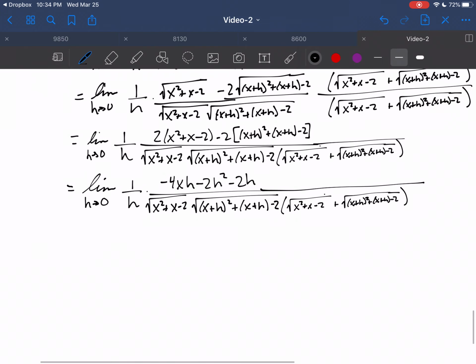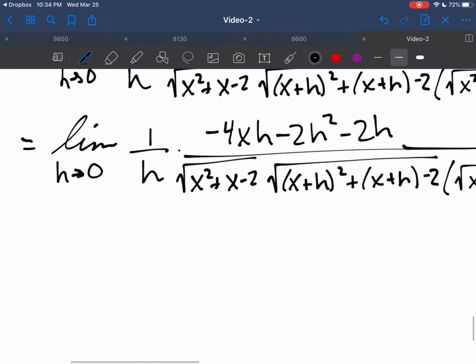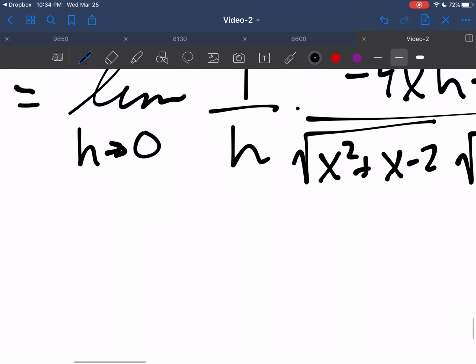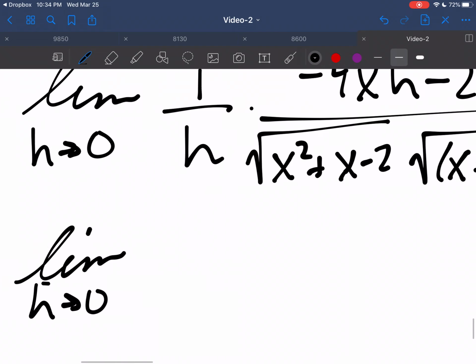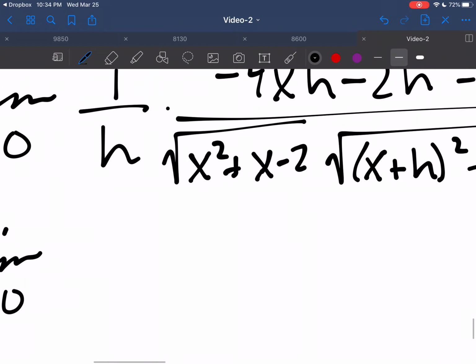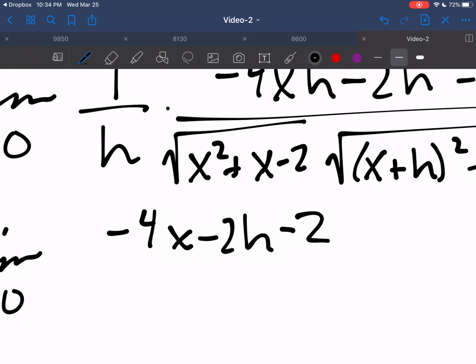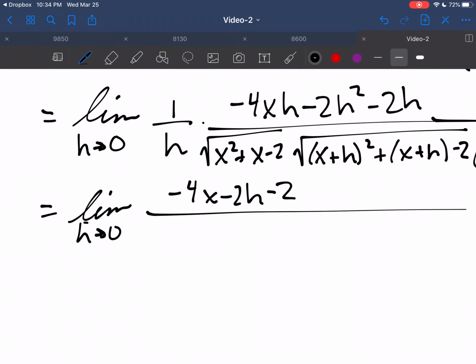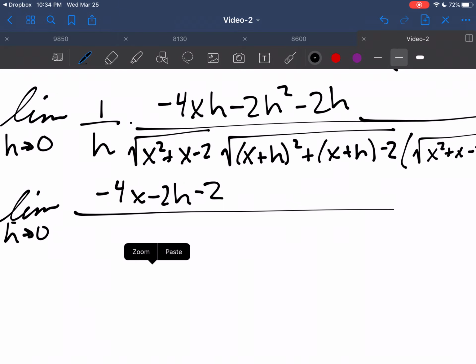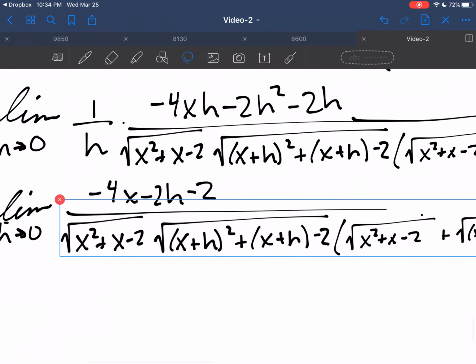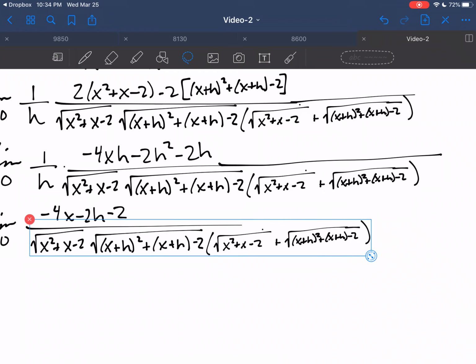Okay. Now I've got an h in each of my terms up here. They'll cancel with our h down here. Limit as h approaches 0, and I get negative 4x minus 2h minus 2 divided by our nice very long denominator.